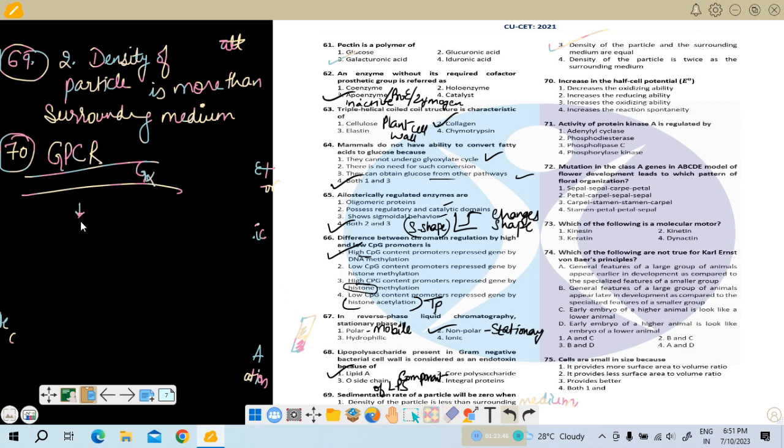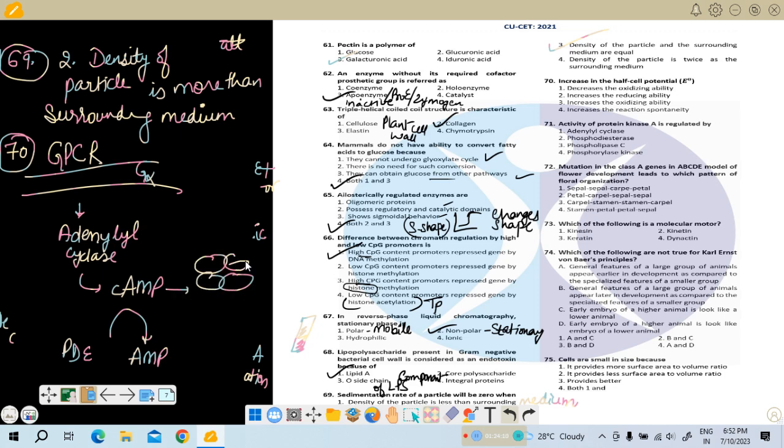Then we have adenylyl cyclase. It further activates cAMP. Now cAMP helps in activation of PDE phosphodiesterase to AMP. Now cAMP further activates PKA, 4 units, that is protein kinase A. Then we have CREB here. This is kind of GPCR signaling.